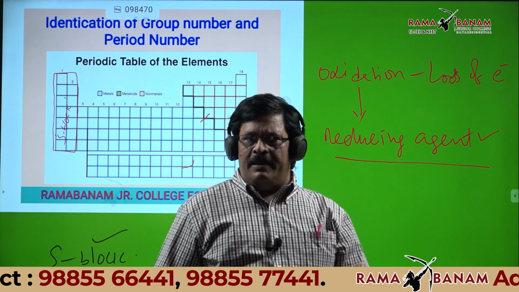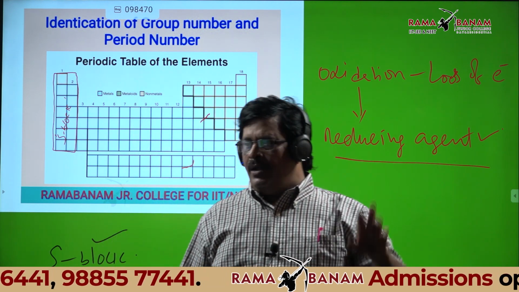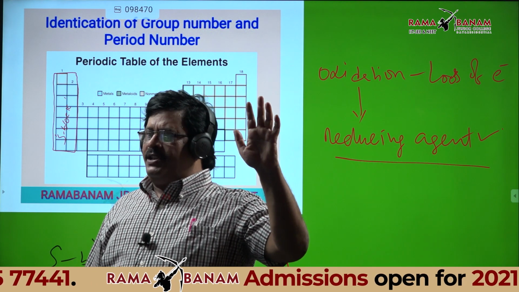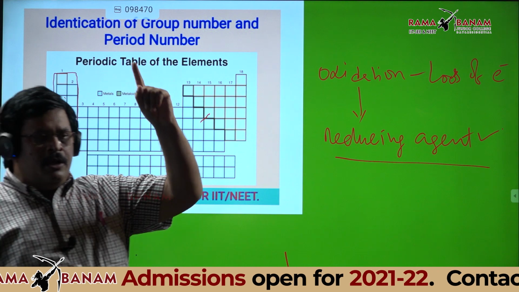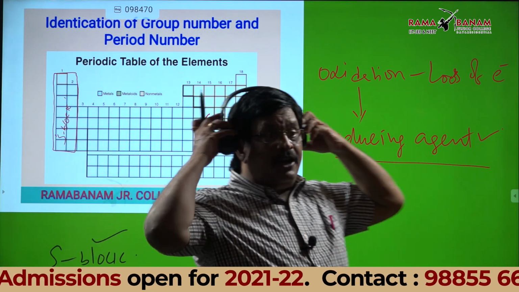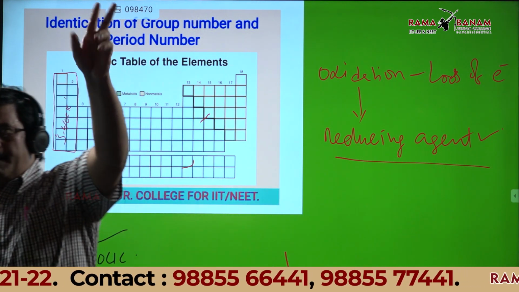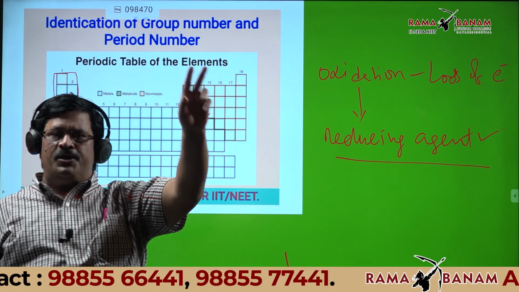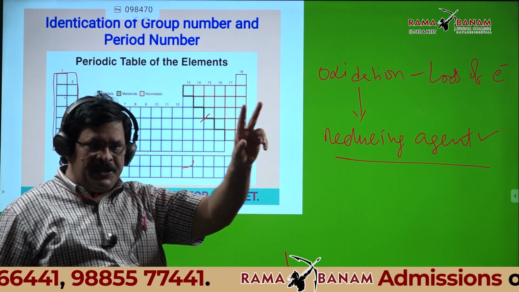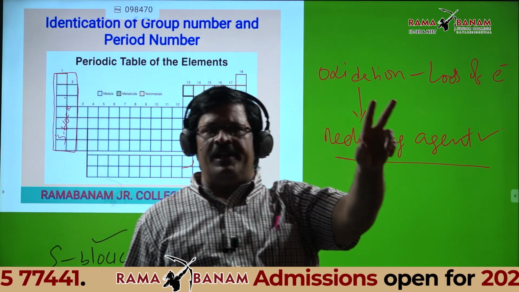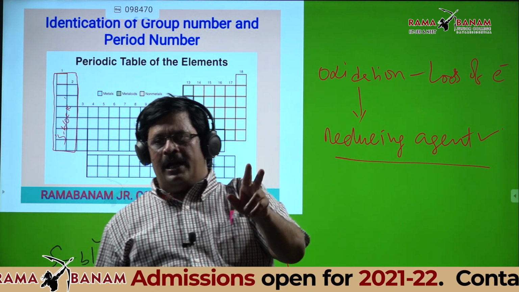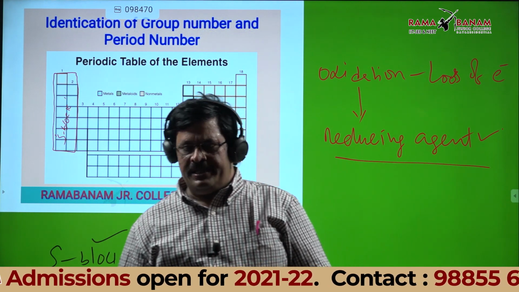Listen to me, students, from the beginning, I think we have written 6 points. First point, in all these elements a differentiating electron enters the s orbital. Second point, S sub shell accommodates 2 electrons, so S block contains only 2 groups, that is group 1A and group 2A, that is alkali metals and alkaline earth metals.